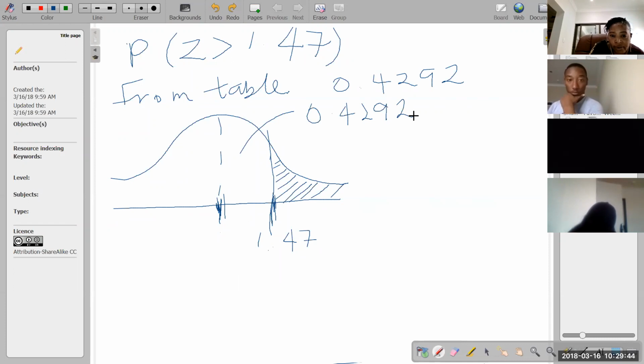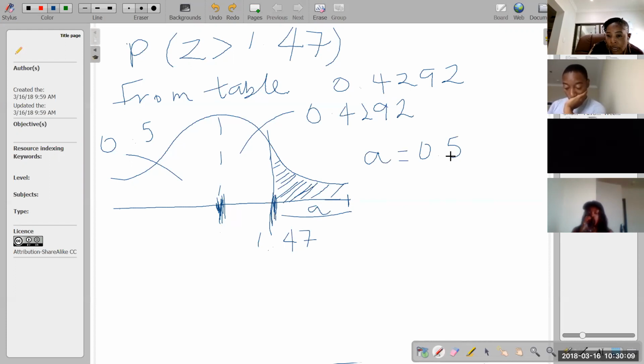We already know that this area is 0.5. So what would this shaded area be? From this middle area to this end area is 0.5, but we already have from here to here. So we need from here to here, which we call, let's say, A. So A will be 0.5 minus 0.4292, and that gives us 0.0708.